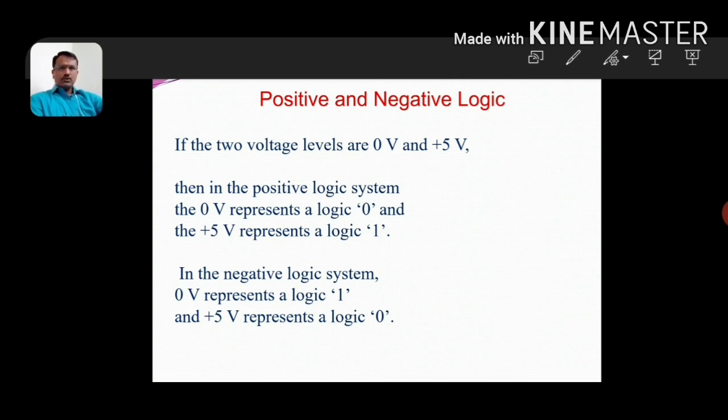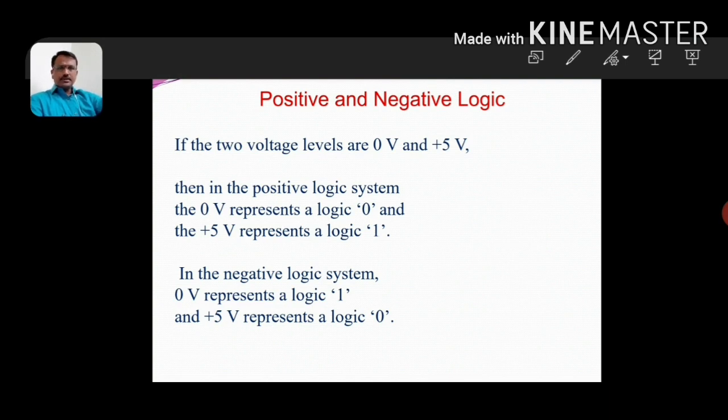Logic 0 is also called logic low and logic 1 is also called logic high. So if 0 volt represents logic 0 or logic low and plus 5 volt represents logic 1 or logic high, then that logic system is called the positive logic system. The negative logic system is exactly opposite to the positive logic system: 0 volt represents logic 1 and plus 5 volt represents logic 0.